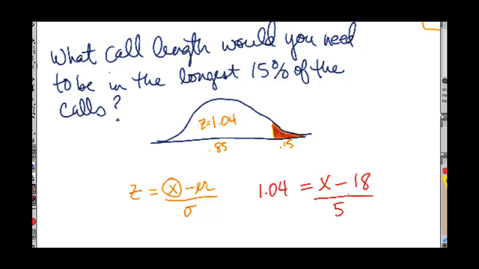Alright, so if we multiply that, we get 5 times 1.04 gives us 5.2.